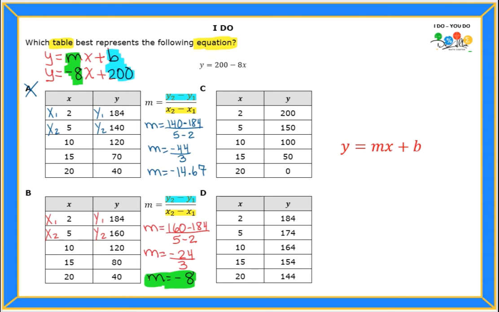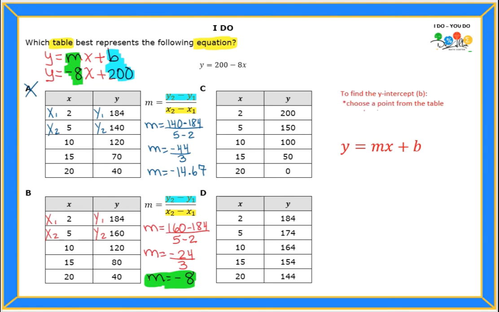So once I know my slope, then I'm going to focus on b. What I want to do next is find the y-intercept. So to find the y-intercept, number one, I need to choose a point, and the point can be any point from my table.